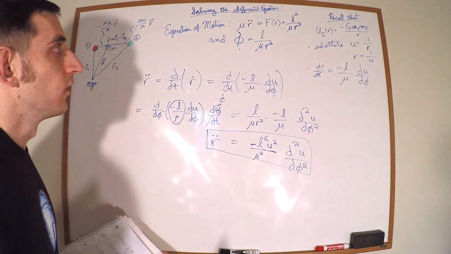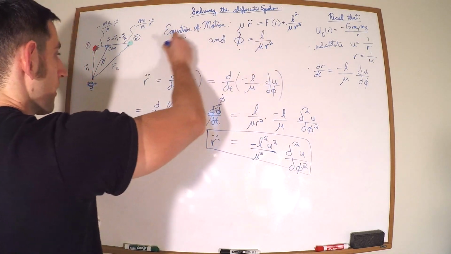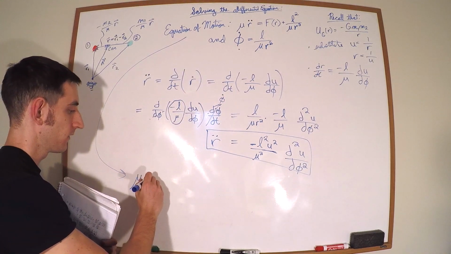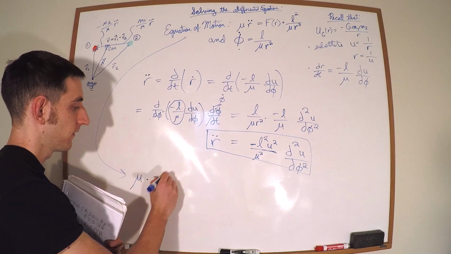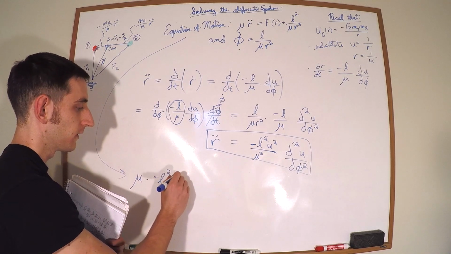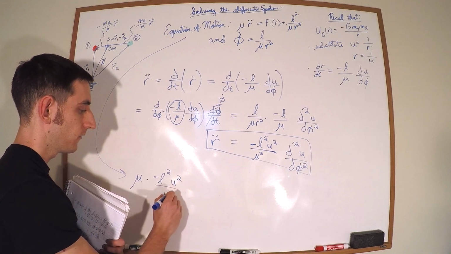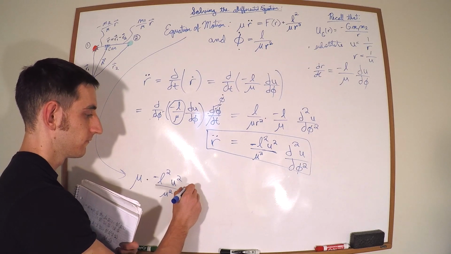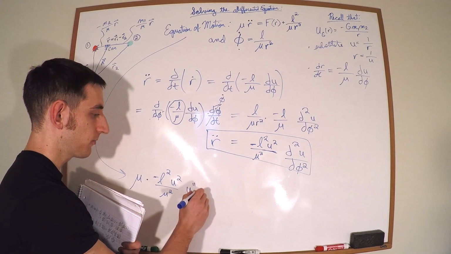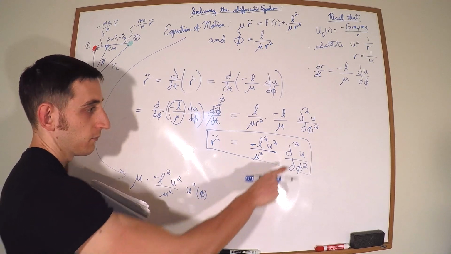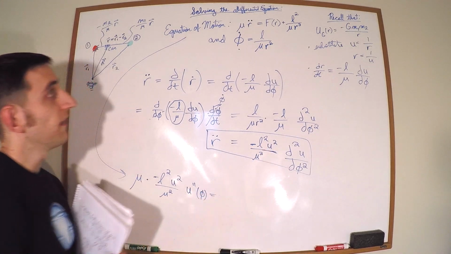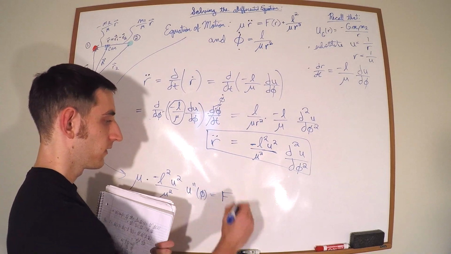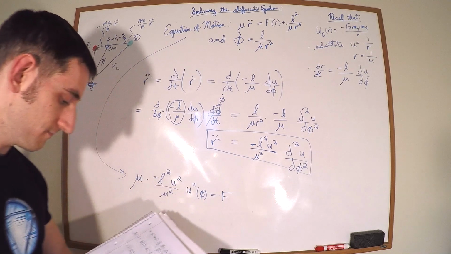And that means we could transform this guy. So our equation of motion then becomes mu times negative L squared u squared over mu squared u double prime sub phi, basically the second derivative, and that is equal to our F term, our force, which we know to be the force of gravity.